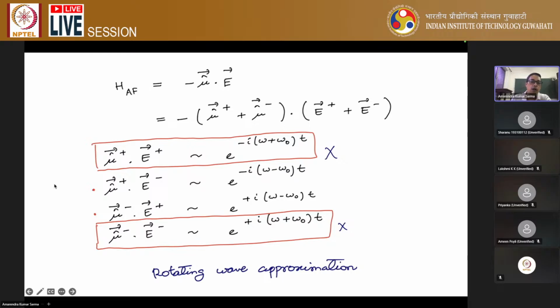That's the reason why terms like mu plus dot E plus or mu minus dot E minus do not contribute, and these terms can be neglected. That simplifies our mathematical analysis a lot, and that is what is called the rotating wave approximation.